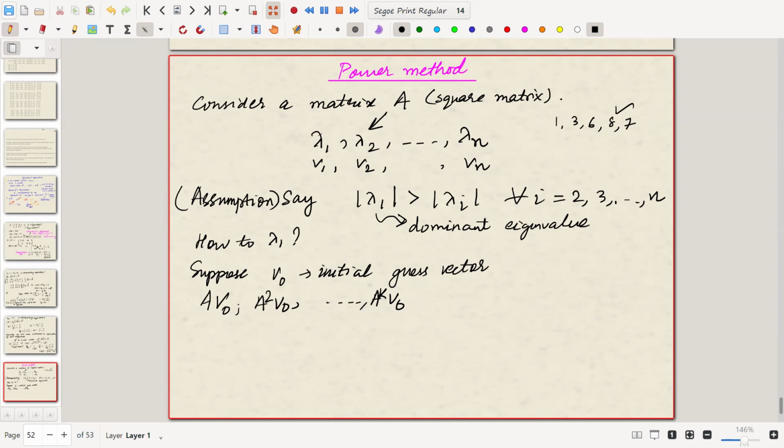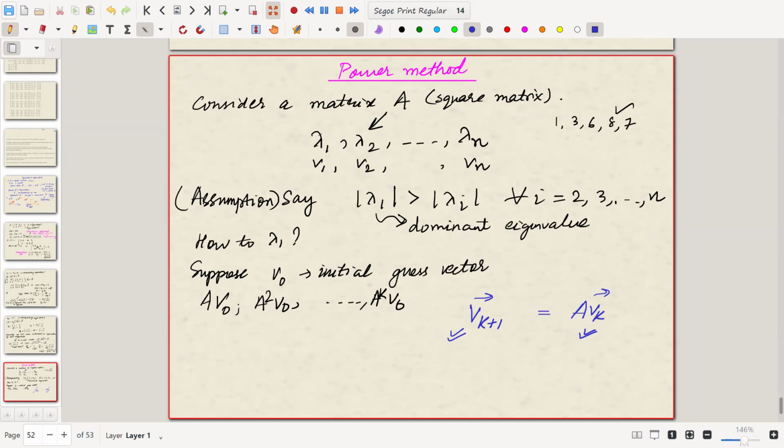The iteration scheme for our method is that at the k plus 1th step, the new vector will be equal to the matrix A multiplied with the vector Vk. You are predicting the future vector depending on the past vector, the same technique as before: predicting the future based on the past.